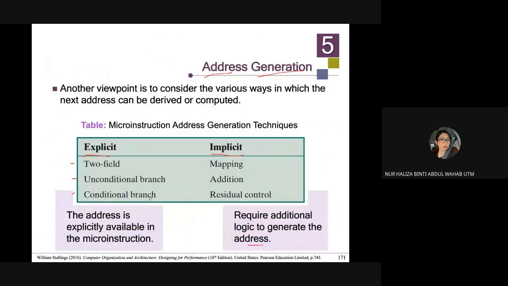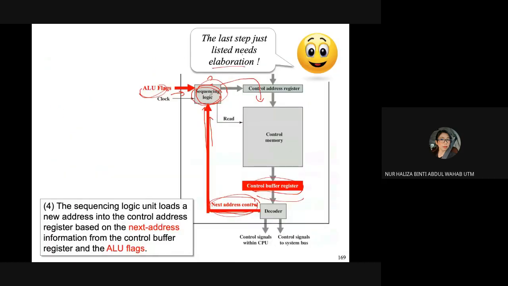How are you going to generate the address? Not you, but your system's sequential logic will generate it. Because if you see over here, you have two inputs, from an ALU flag and also your next address control.